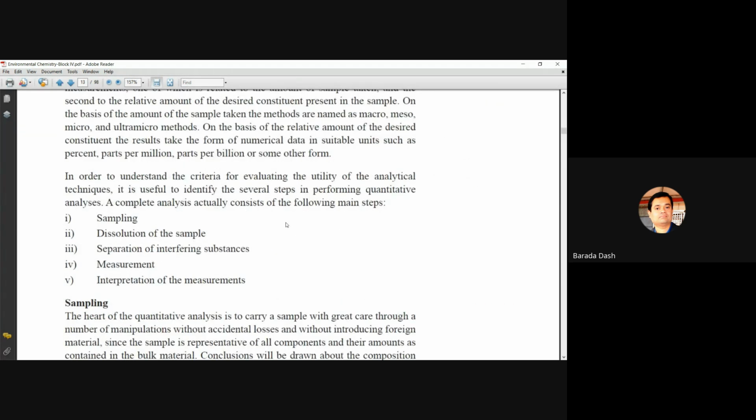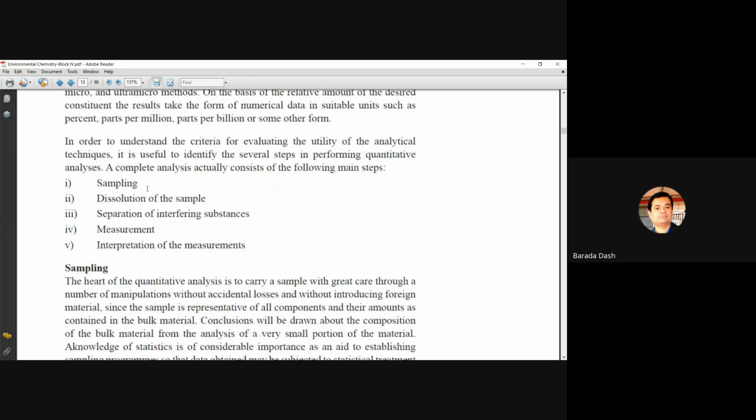In order to understand the criteria for evaluating the utility of analytical techniques, it is useful to identify the several steps in performing quantitative analysis. A complete analysis consists of the following: sampling, resolution of the sample, separation of interfering substances, measurement, interpretation of the measurement.